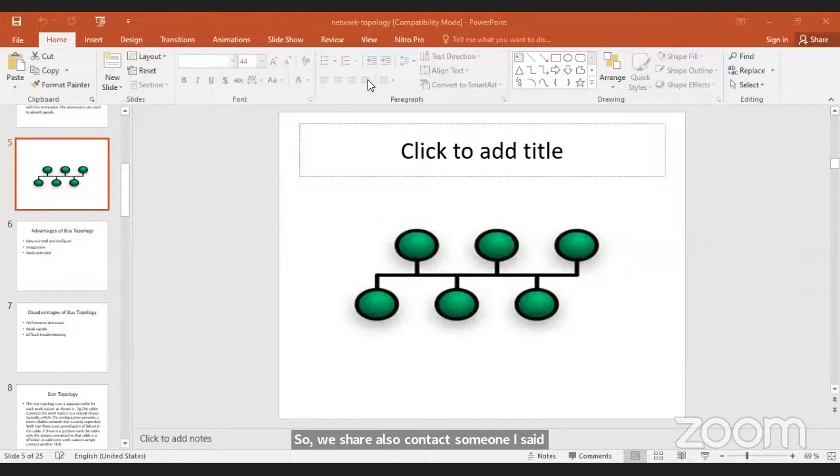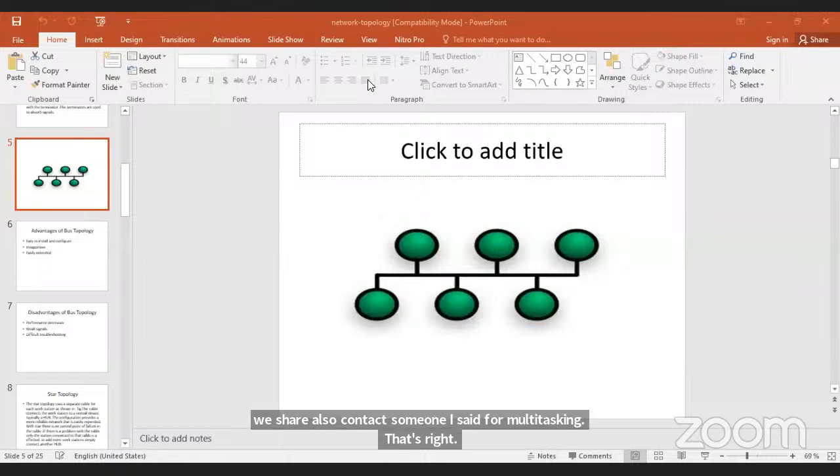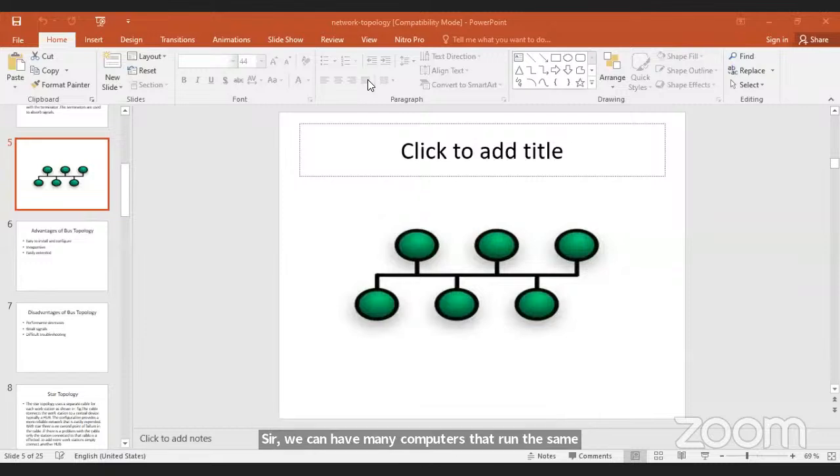So we can have many computers that run the same application. Remember, we came across multiprocessing, multithreading, and multitasking and batch processing. So we share computers to synchronize coordination so that we process and save time and resources. That's the reason why we need a computer network.